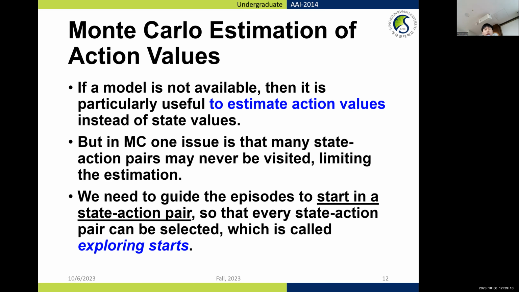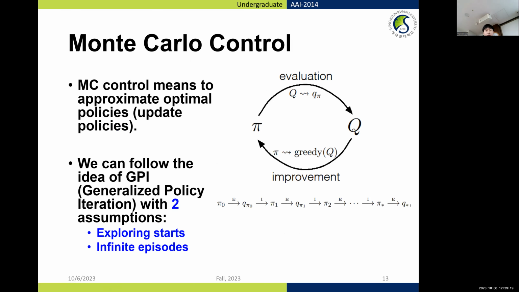But the thing is we need to select every action. That's why we need the so-called exploring starts. If you want to update the policy, then we want to choose the better action. So actually we need to try every action, because if you don't try some actions, you don't know whether that action is better than others, even though you have existing knowledge of the current action or policy.